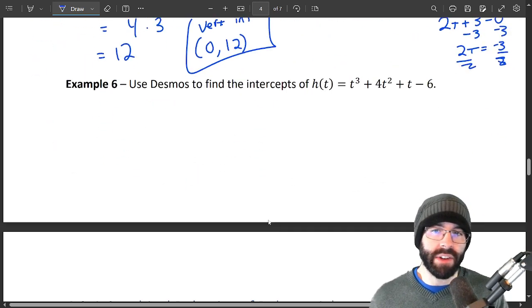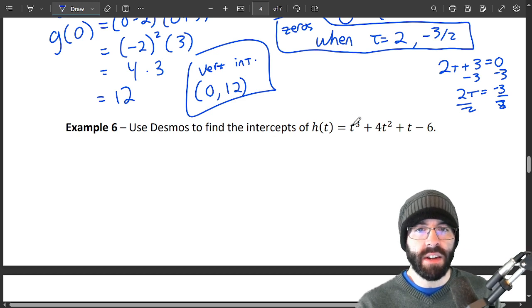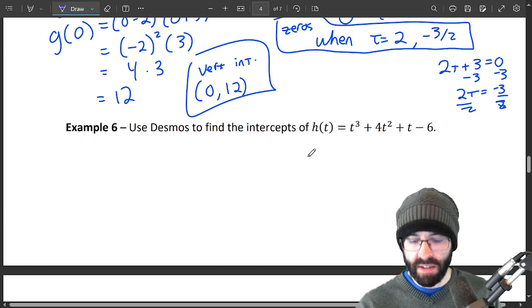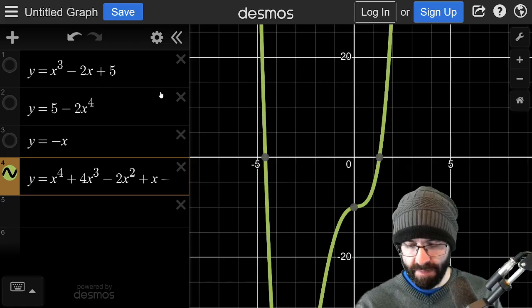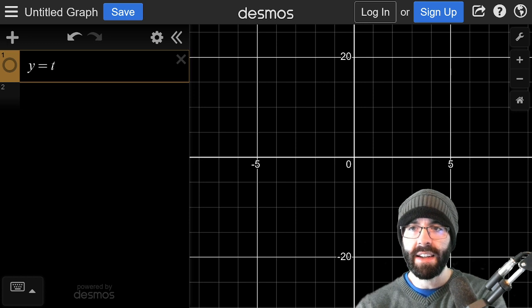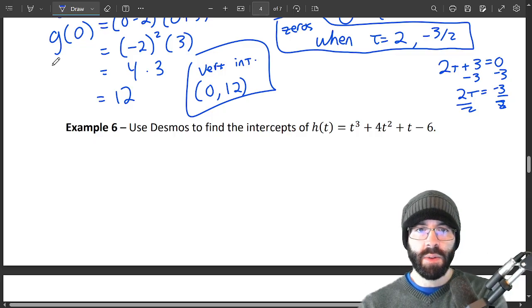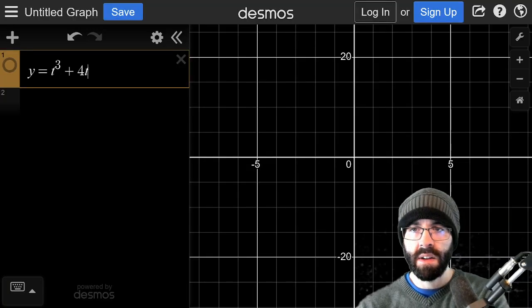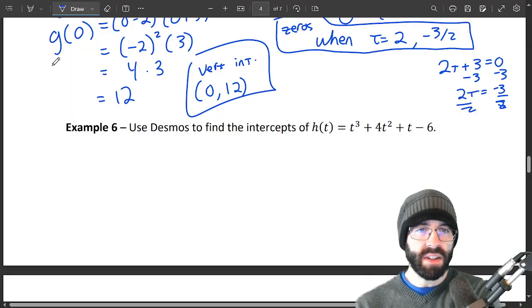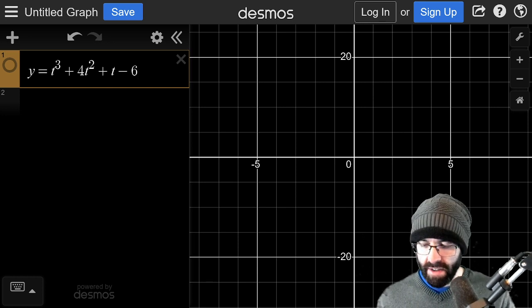We can also do this graphically with Desmos. So if we wanted to find the intercepts right here, we could pull up Desmos, plot that function, which I already forgot. I think it had a t cubed somewhere. t cubed plus 4t squared plus t minus 6. Find all the intercepts of that.